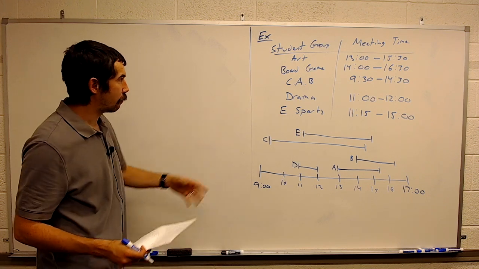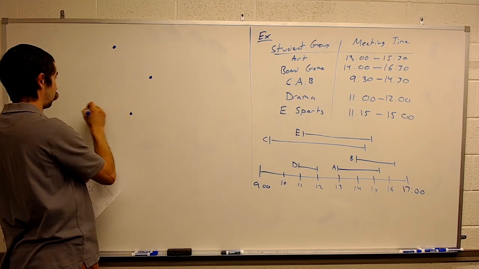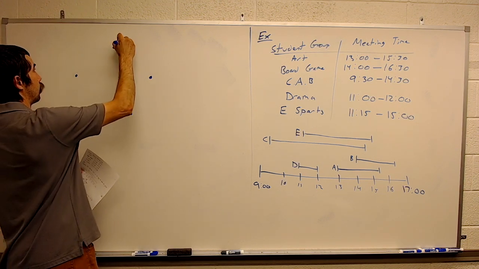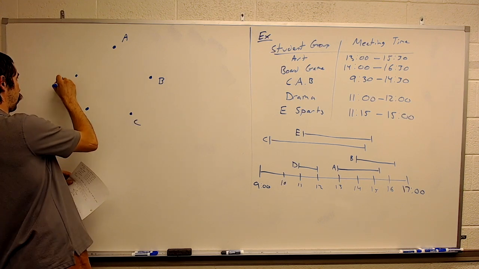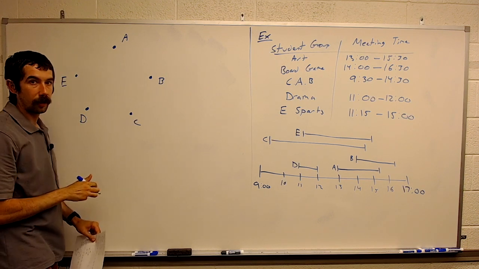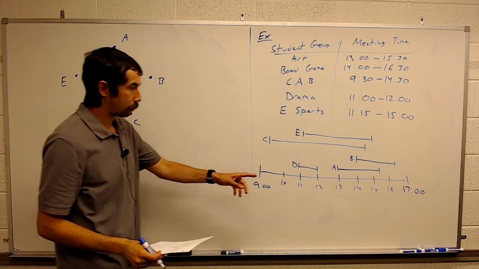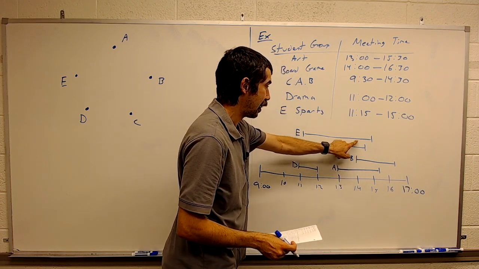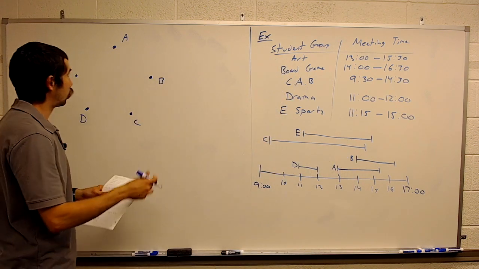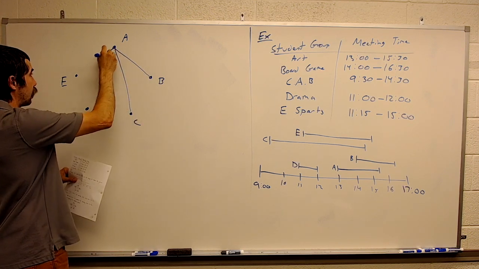So there's going to be 5 vertices, A, B, C, D, E. And now we check. A overlaps with B, C, and E. So there's an edge AB, AC, AE.